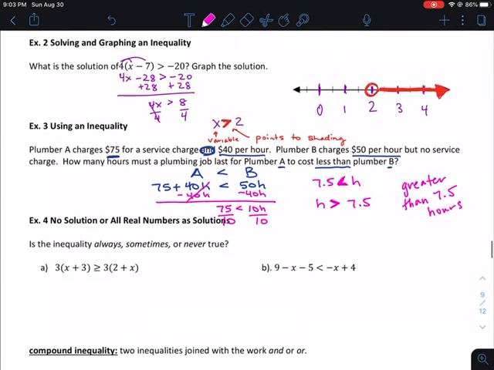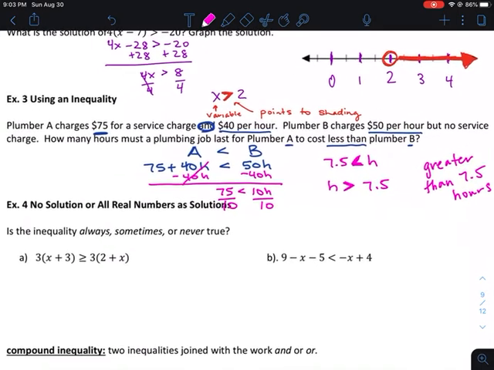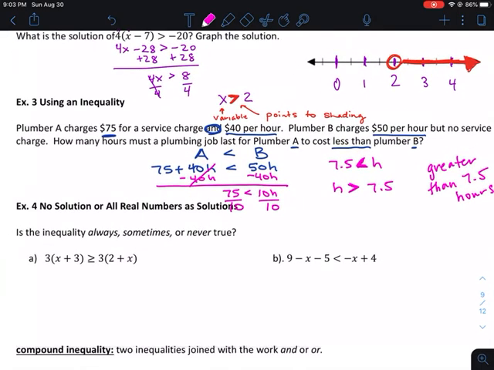Example 4, the last one we're going to look at for today. It says, no solution in all real numbers as solutions. If you remember with solving equations, sometimes your variable disappears when you start moving things around in your equation, and you get a number compares to a number. Now with our inequalities, we're going to have some comparison.